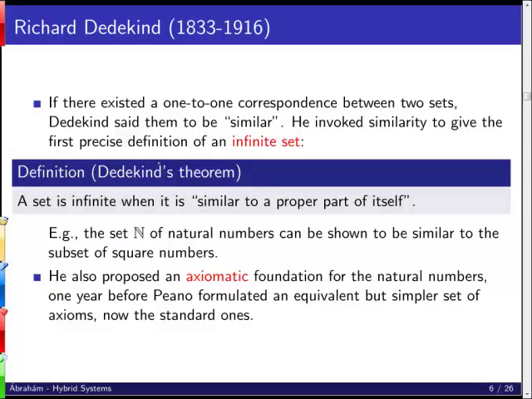He made this axiomatization. These axioms do not carry his name, because one year later Peano formalized a simpler axiomatization, and that's why we call it Peano arithmetic and not Dedekind arithmetic.